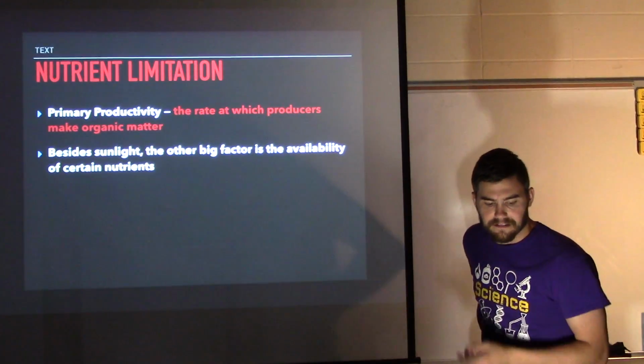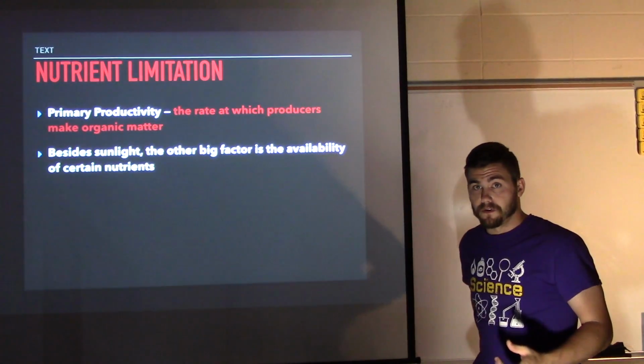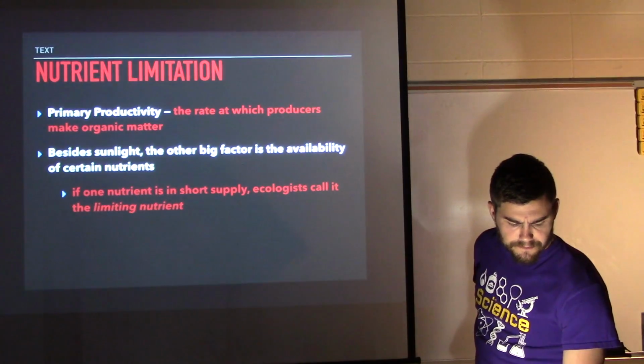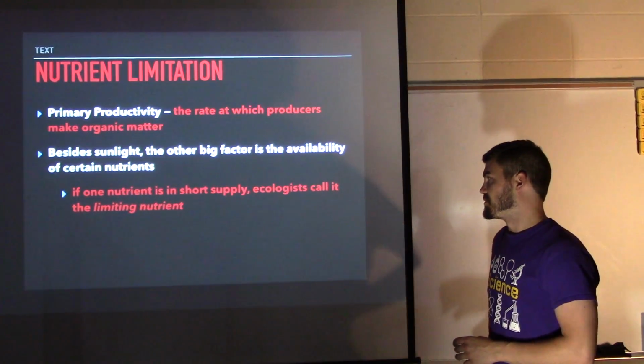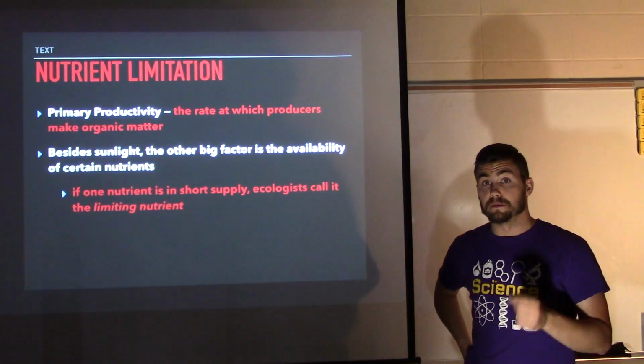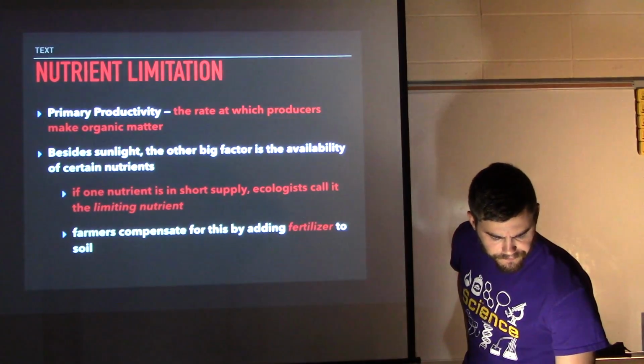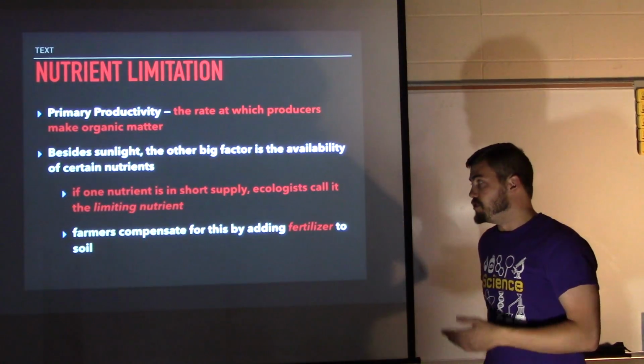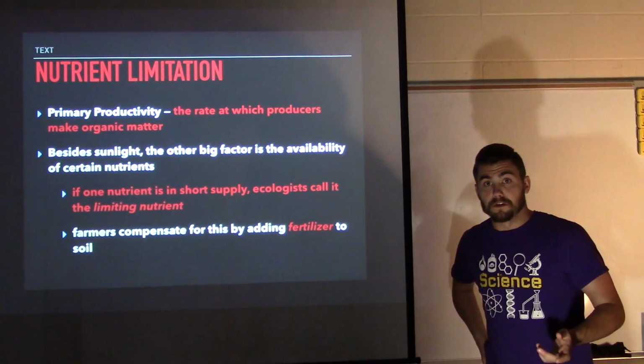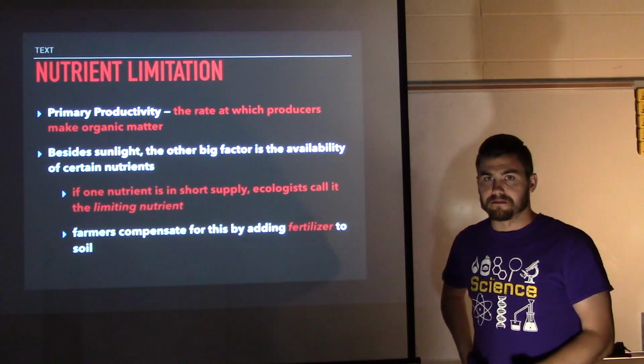Besides sunlight and water, the nutrients are a really crucial factor. If one nutrient is in short supply, ecologists call it the limiting nutrient. So farmers have known about this forever. So this is why we add fertilizers to the soil.